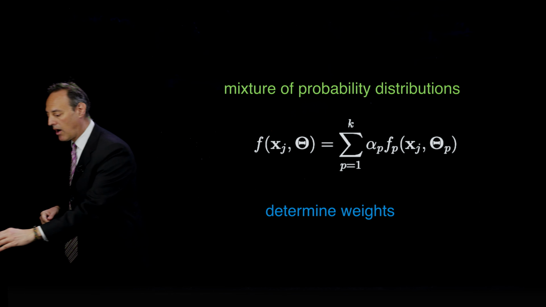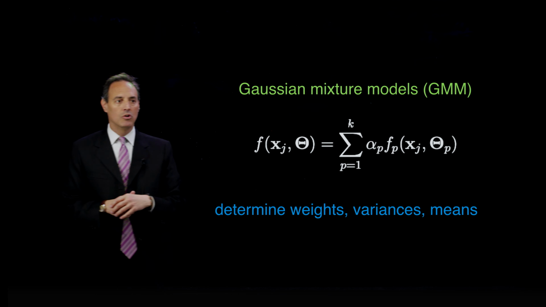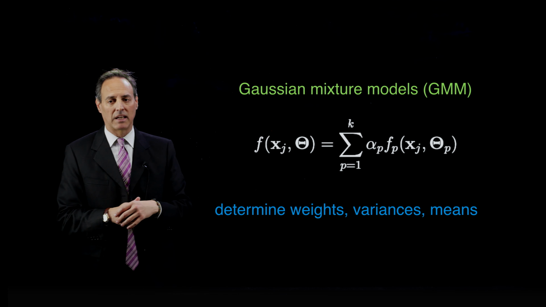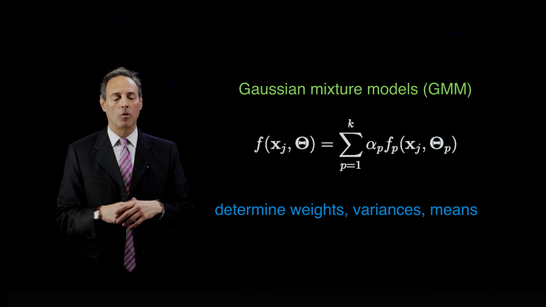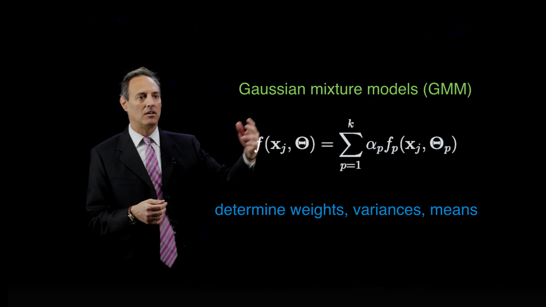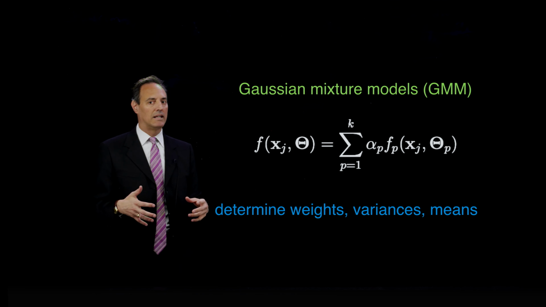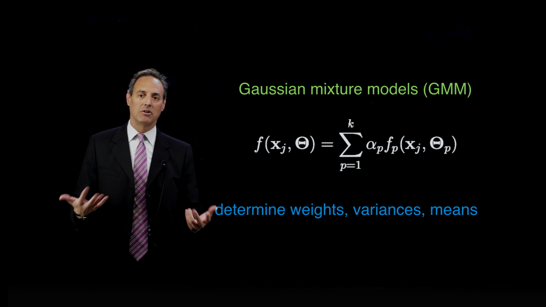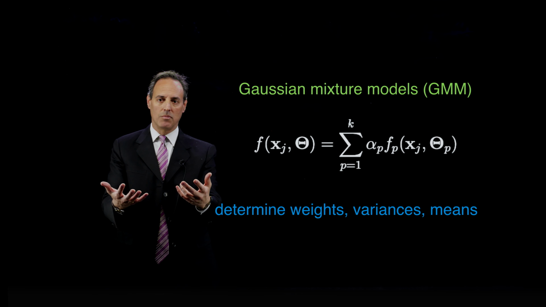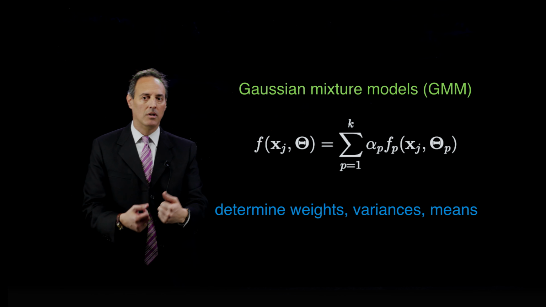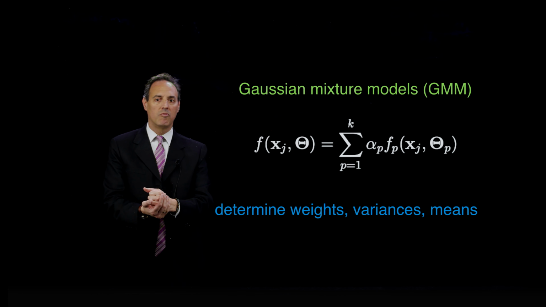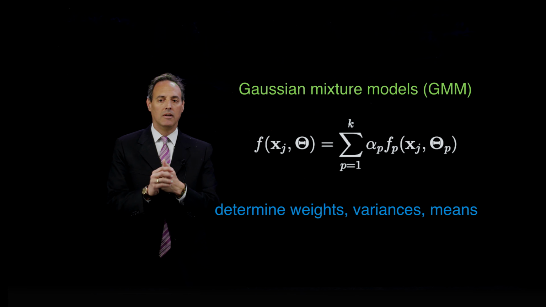Now, what oftentimes happens is you assume that these f_p's, in fact, are Gaussians, normally distributed variables, so Gaussian mixture models, GMMs, are one of the important classes. If you have nothing better to guess about your distribution, you typically assume it's going to be normally distributed, right? Characterized by two numbers, a mean and a variance.